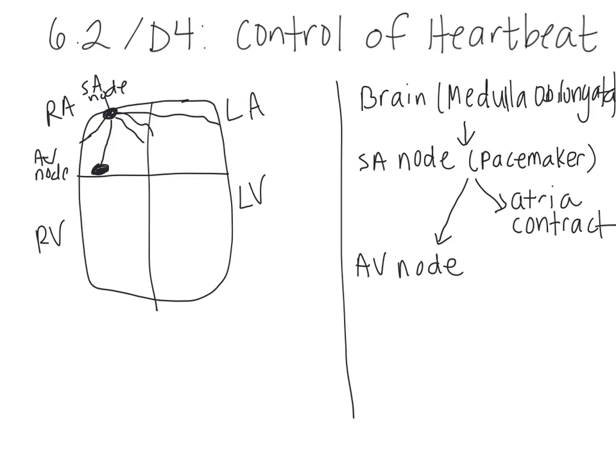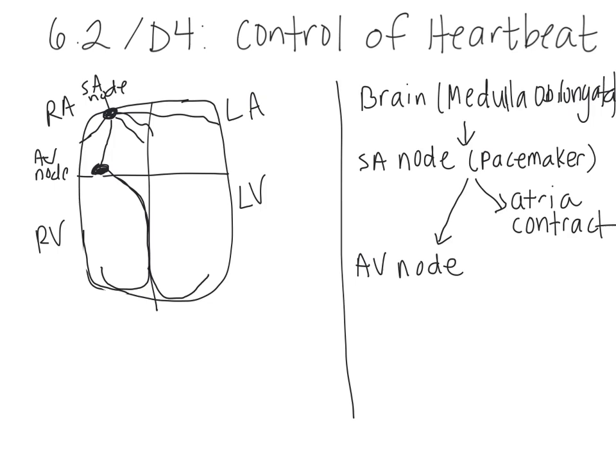Now if you are studying option D, D4, we need to know the names of these fibers that run through the ventricular sections. Actually, that's a really bad drawing of them because they don't run that way. Sorry about that. These fibers are going to run this way and connect to the ventricles.